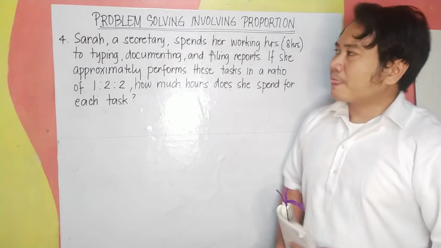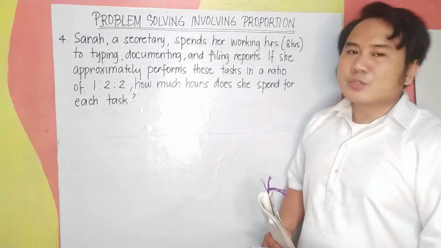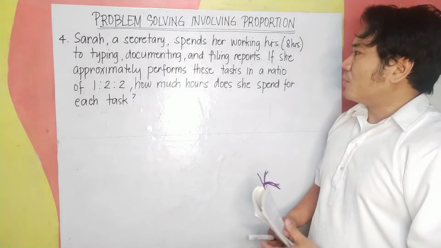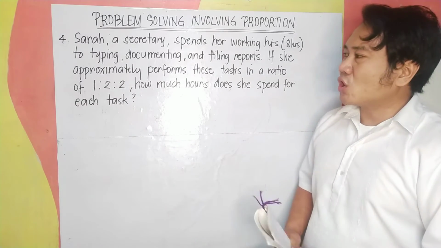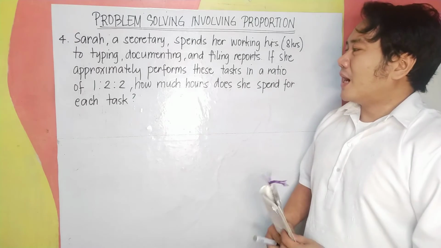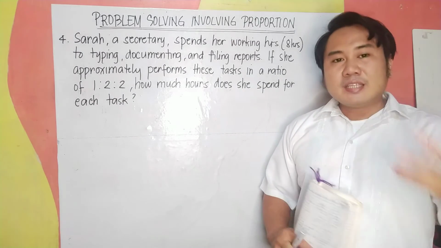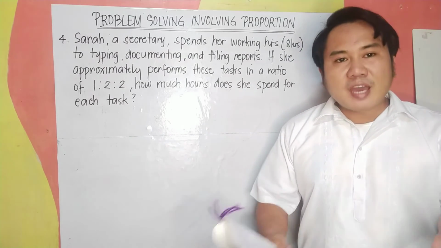Number 4. Sarah, a secretary, spends her working hours, assuming it's 8 hours, to typing, documenting, and filing reports. If she approximately performs these tasks in a ratio of 1:2:2, how much hours does she spend for each task? Like in number 3, we are going to assume a value of x.